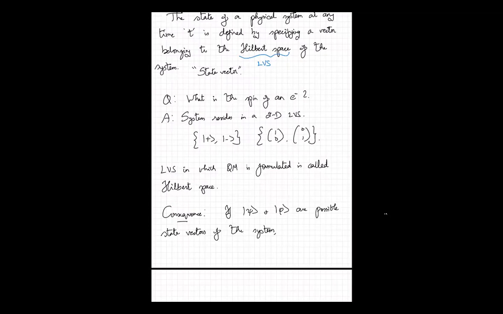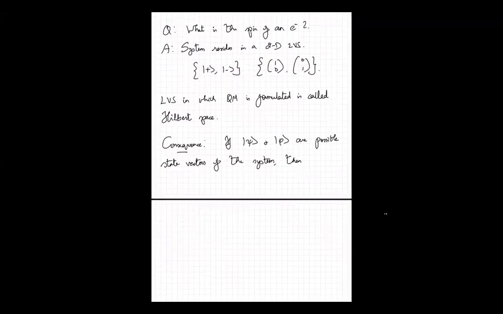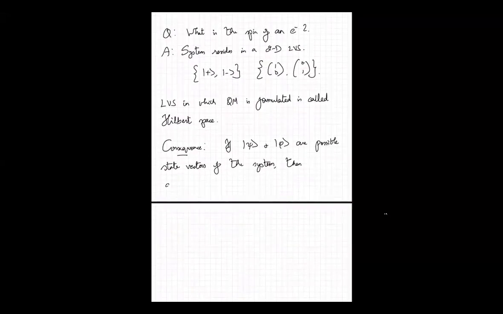Then any linear combination of psi and phi is also a vector that resides in the system. So then A times psi plus B times phi is also a possible state vector.